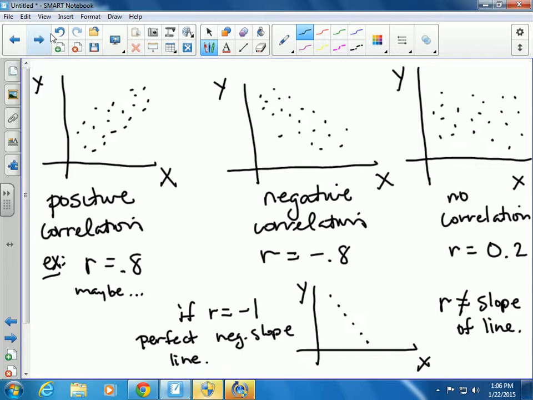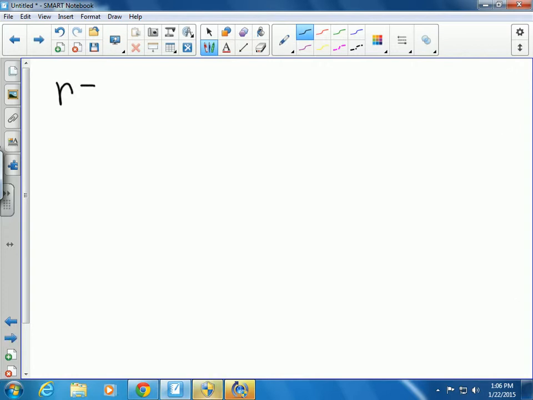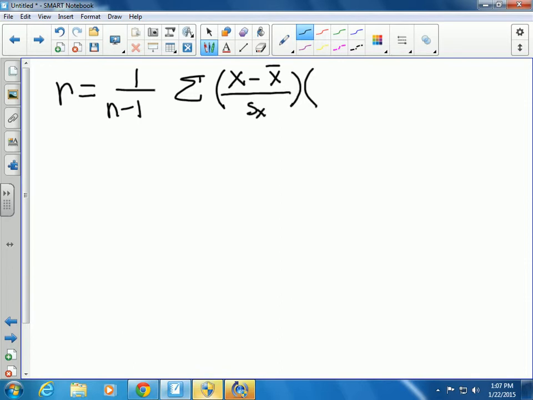So from a graphical perspective, we can see that correlation is pretty easy to spot with respect to the scatter plots. r, of course, is a number, and it has a pretty insane formula because you're relating two variables together. So r is equal to 1 over n minus 1, times the sum of x minus x bar over the standard deviation of x, multiplied by y minus y bar over the standard deviation of y.